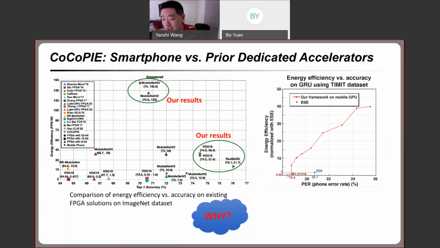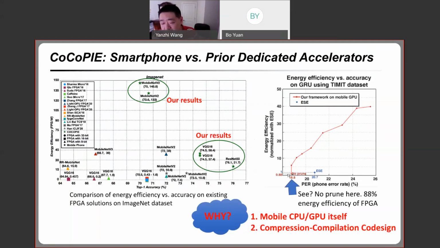This only has to do with the compiler and the mobile phone, and the energy efficiency is almost the same as an FPGA. Of course, the compiler plays an important role here because it is much more efficient than the prior work. But more importantly, the mobile phone itself is very energy efficient.